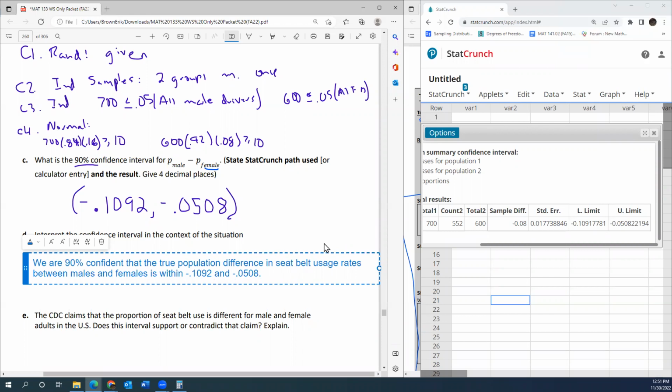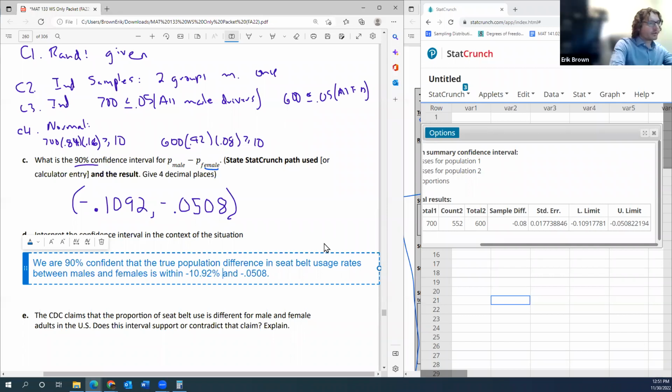Are we supposed to change that to a percent or leave it? We can change it to a percent. That's fine. Okay, that's what I like better. It makes more sense for interpreting. I agree with you.